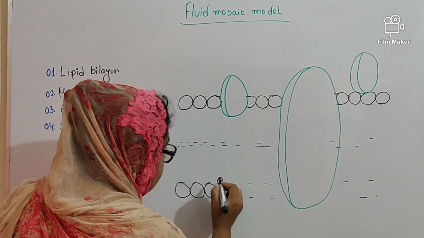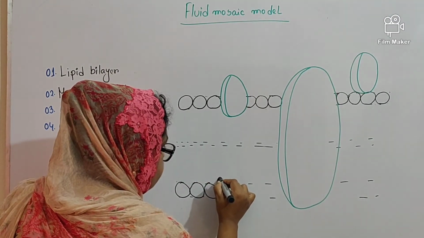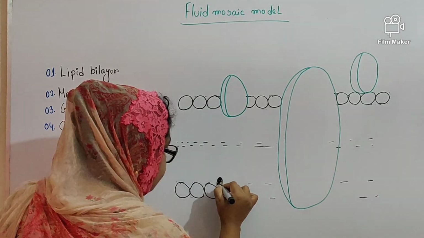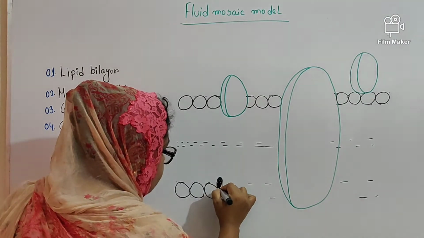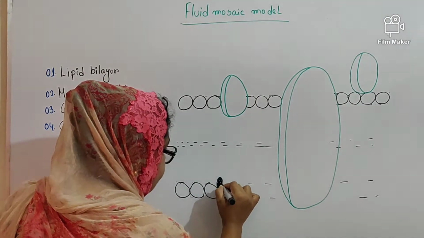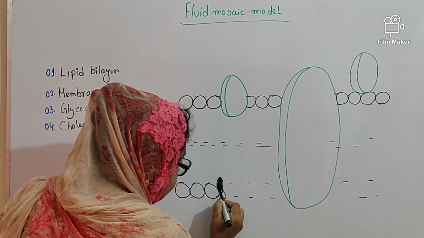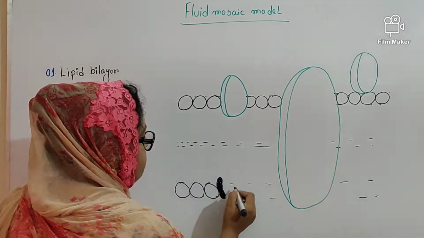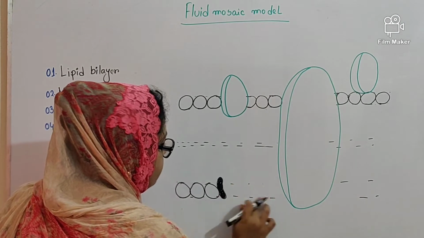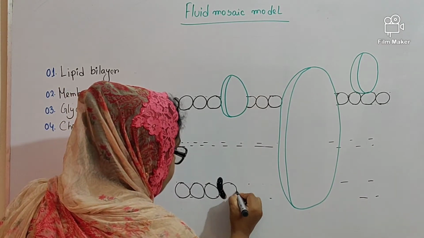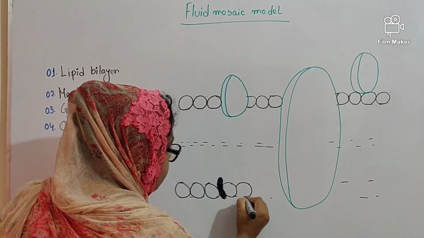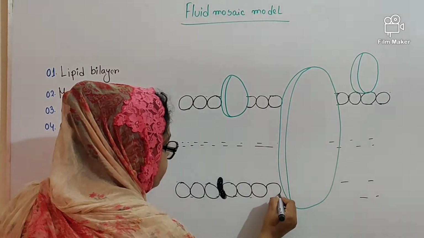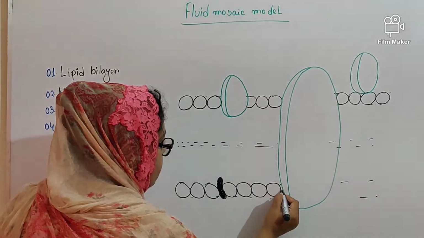Then, you will also draw some cholesterol that remains present between these phosphate and lipid heads. Okay, you can make a shade, then you can reduce the dots, and again draw the phosphate heads.